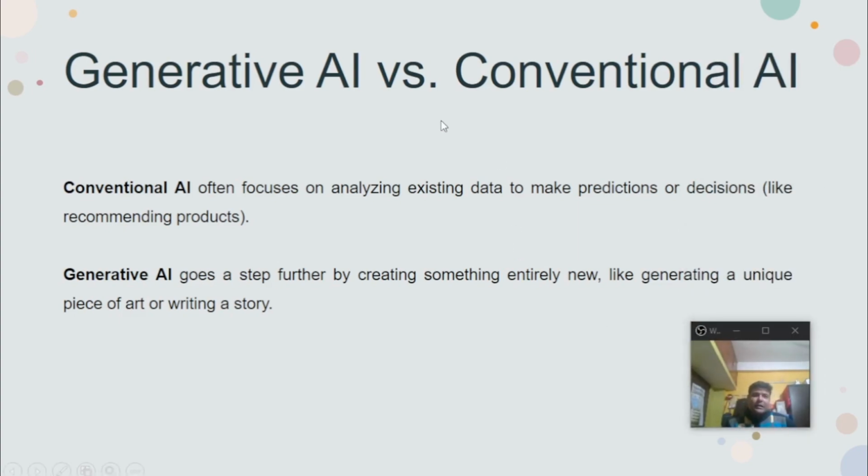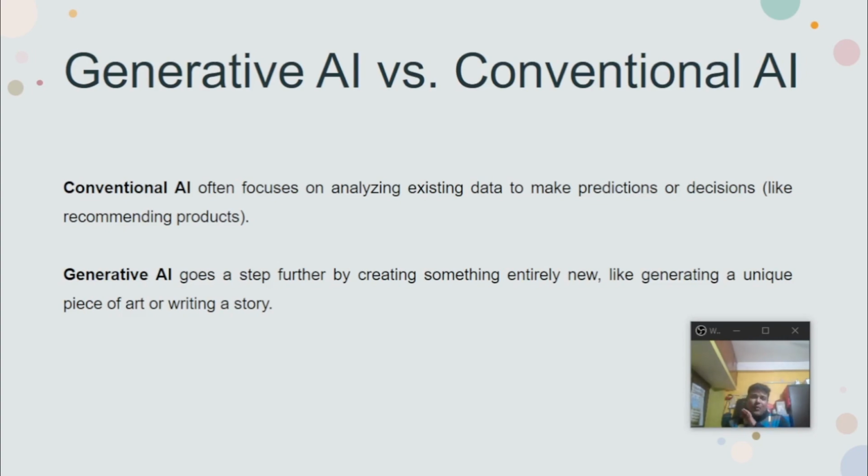Next, how generative AI differs from conventional AI. Actually, in AI there are mainly two types of AI systems or algorithms. One is the supervised algorithm or supervised model, and another is the unsupervised model or unsupervised algorithm.